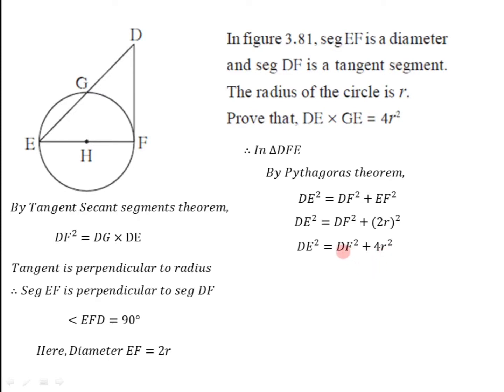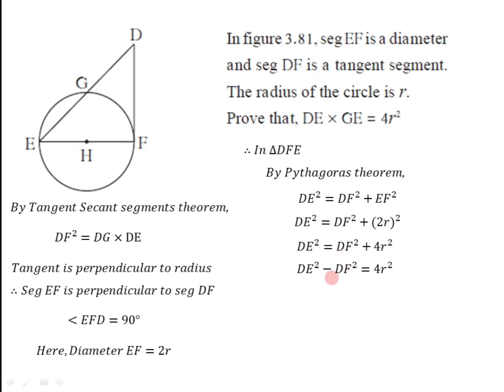Now we'll take DF square to the left hand side to get the equation DE square minus DF square is equal to 4r square. Now if we interchange the sides, we get 4r square is equal to DE square minus DF square. Now here we have proved that DF square is equal to DG into DE.